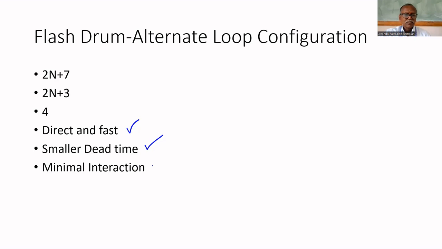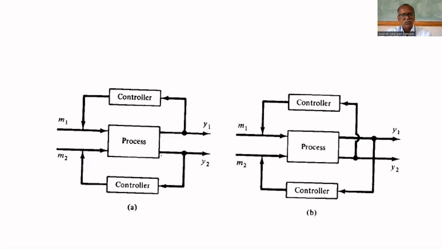Third one is minimal interaction. We have to see what interaction is. Interaction means, suppose you are having a process. The inputs are M1 and M2.